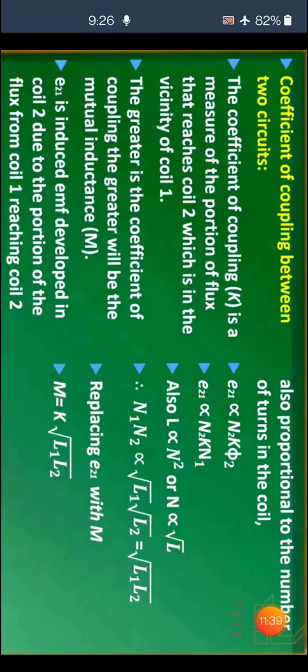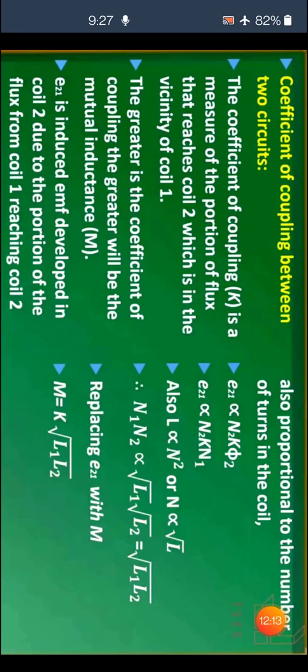Therefore, we can get capital M is directly proportional to E21, where E21 is the induced EMF developed in the second coil due to the portion of the flux from coil first reaching coil second, but the induced EMF is proportional to the number of turns of the coil.